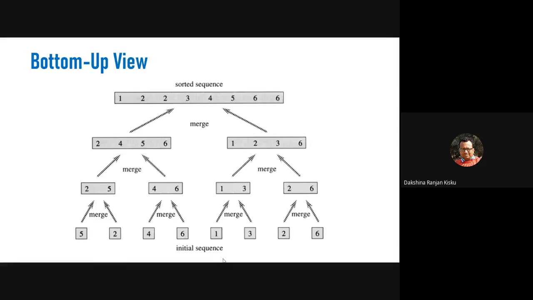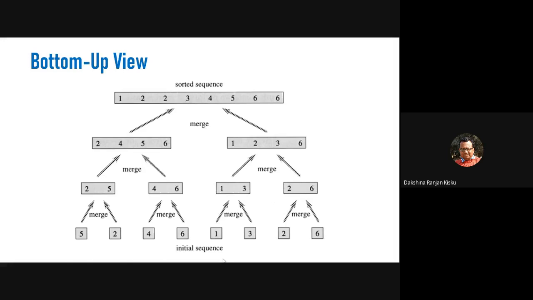Here we try to understand the merge operation with this bottom-up view. We can start from the bottom elements. Here you can see 5 and 2, 4 and 6, 1 and 3, 2 and 6.